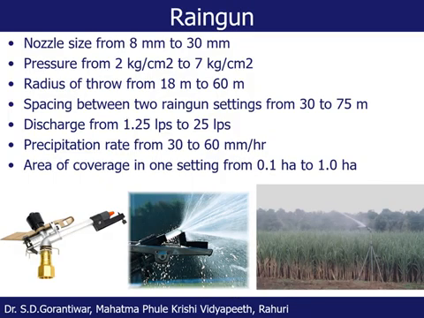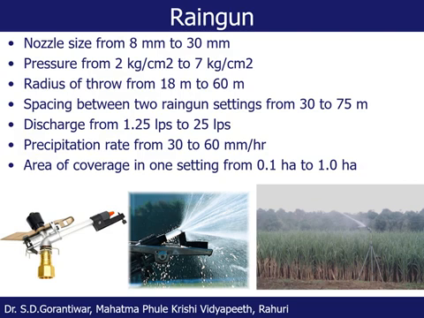Then there is another version of the sprinkler irrigation system. This is the rain gun. If we want to irrigate a large piece of land, say I have a 1 hectare field, and I want to irrigate the entire 1 hectare with the help of just one nozzle, it is possible with the help of a rain gun.